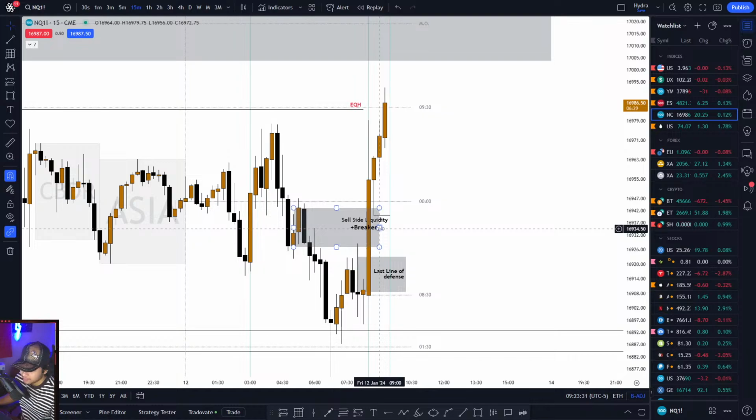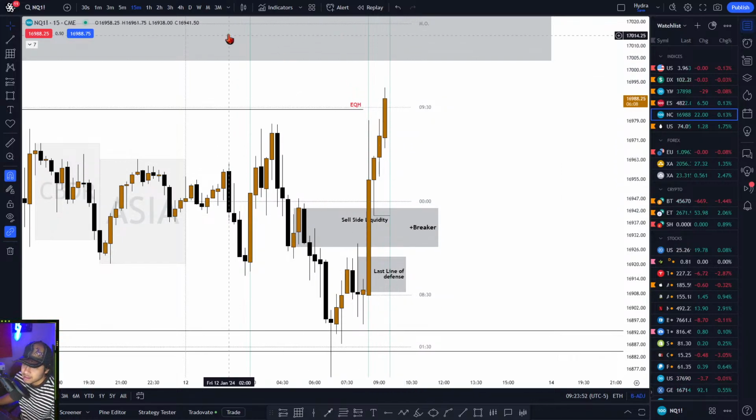I'm just reviewing what I saw at 8:50, this breaker right here, and the time when price hit this breaker was 8:45. So we had a couple of minutes to enter the trade from here, but I didn't take it because I didn't have the time to do it. I was so late waking up today.